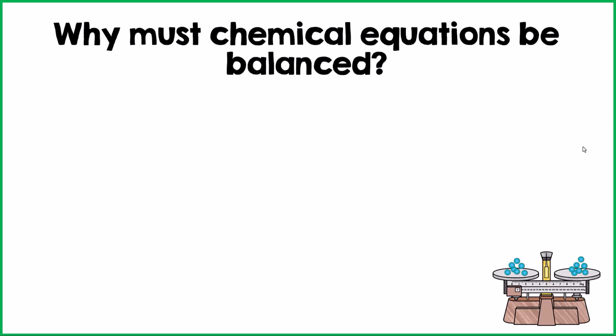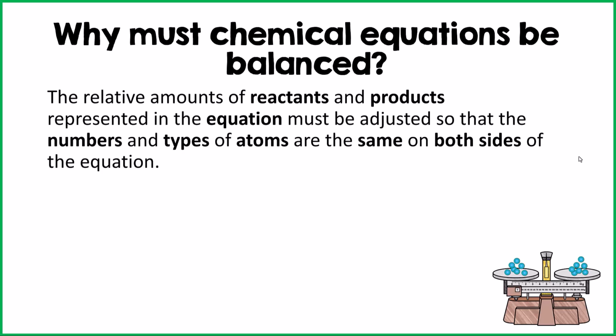Well, we got into this a minute ago, but the relative amounts of reactants and products represented in the equation must be adjusted so that the numbers and types of atoms are the same on both sides of the equation. And we discussed that that is because matter can never be created nor destroyed in a chemical reaction. And in order to keep the law of conservation of mass, we need to have the same number of each type of atom on both sides of the equation.